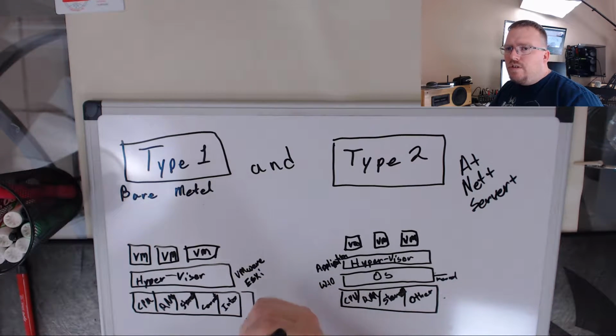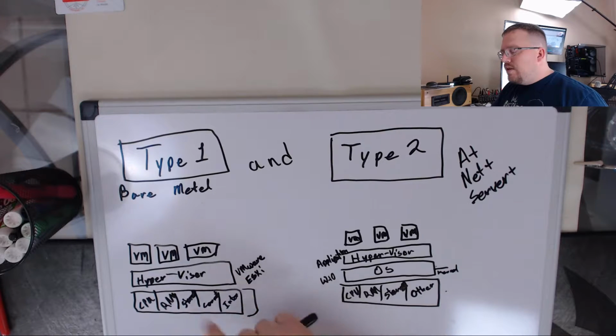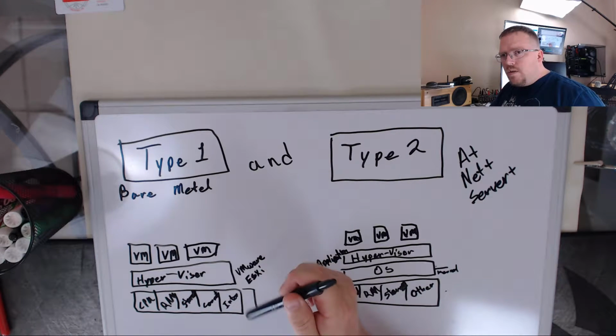Usually the paid version is needed to use things like HA, or high availability, or vMotion, vStorage, vSwitches, things like that. That's all offered through VMware, and it can get quite expensive.